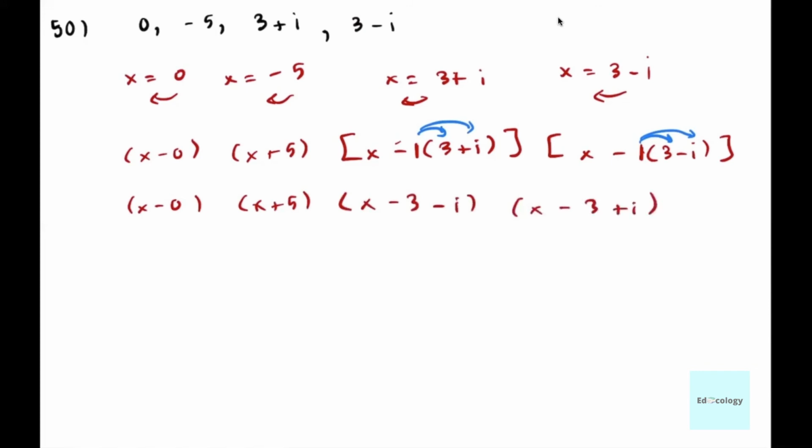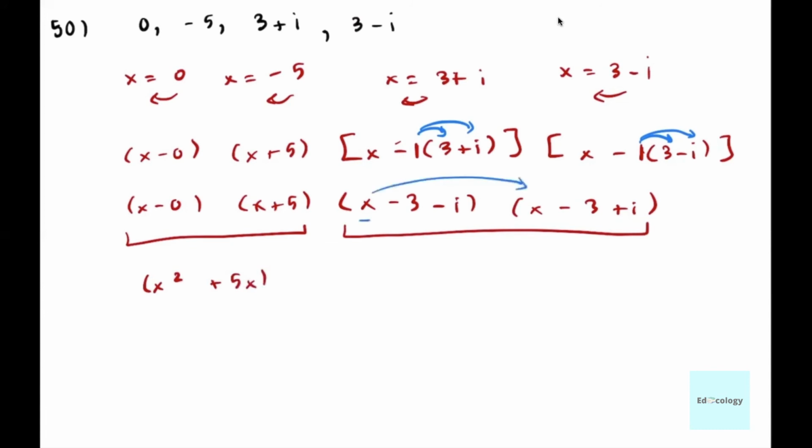And then after you do that, you multiply these first two together, then these two together. You multiply the first two, you will get x squared plus 5x. And when you multiply the other two, you will multiply each variable by all the other terms, okay? Same thing for here, each of the other terms, and same for this one, okay? So it does take a while. Let me just write down how it would look like.